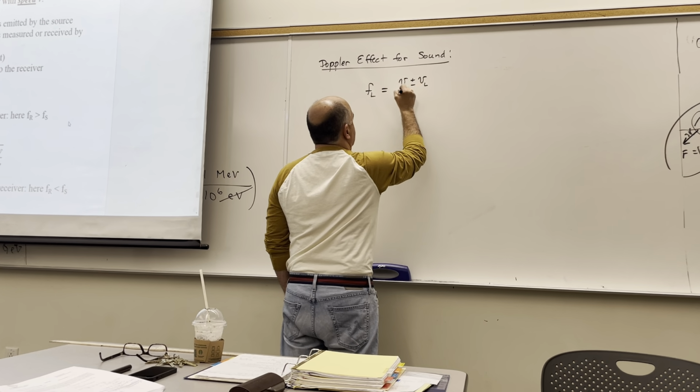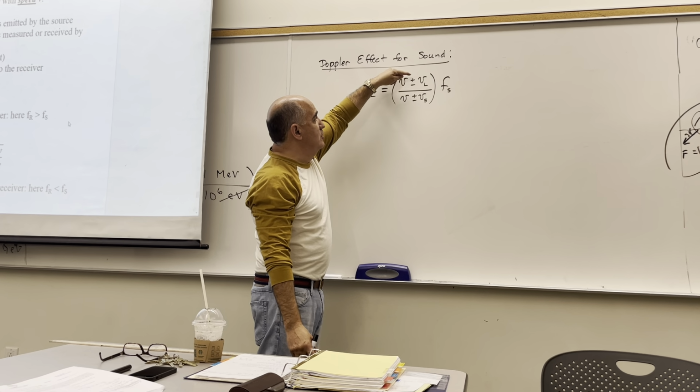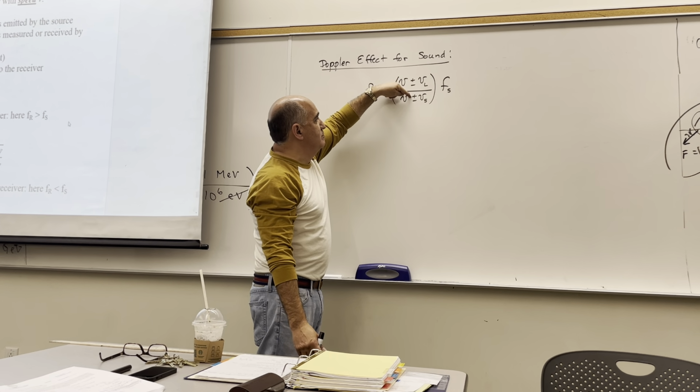So you have something like this. I like to write this other numerator down here, right? But you have four possibilities over here. You can have plus plus, or minus minus, or plus minus, or minus plus. Right? So v is the speed of the wave itself, of the sound wave.